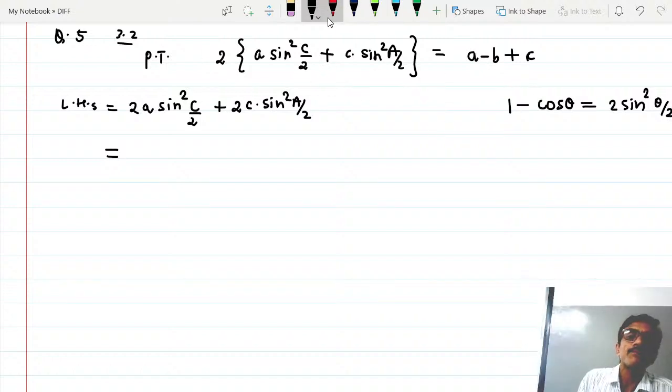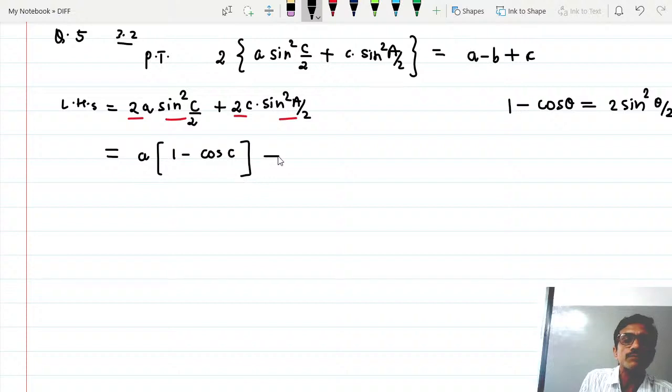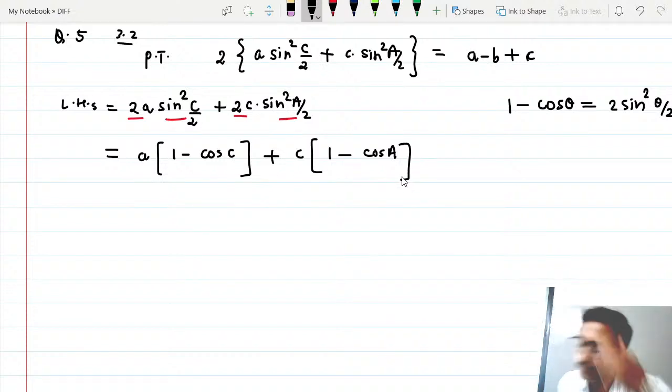So here, 2 sin square C by 2 and 2 sin square A by 2, what is to be written over here? It is a into 1 minus cos of C, plus c into 1 minus cos of A. Rutuja, your answer is right.